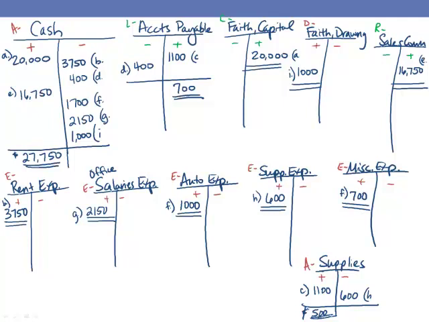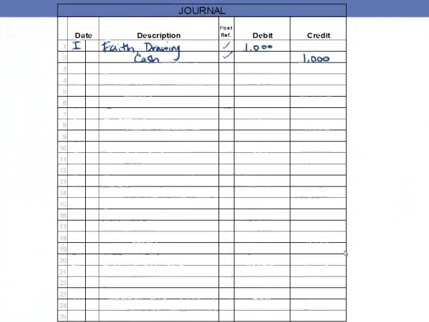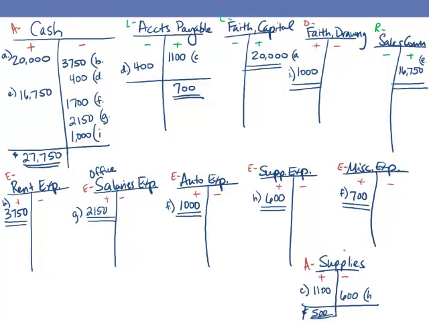They ask us to prepare an unadjusted trial balance as of October 31st, 2012. Well, I guess I didn't put it on here. But yeah, we need to do a trial balance. A trial balance is going to be similar to a financial statement as far as the heading goes. So let's do that.